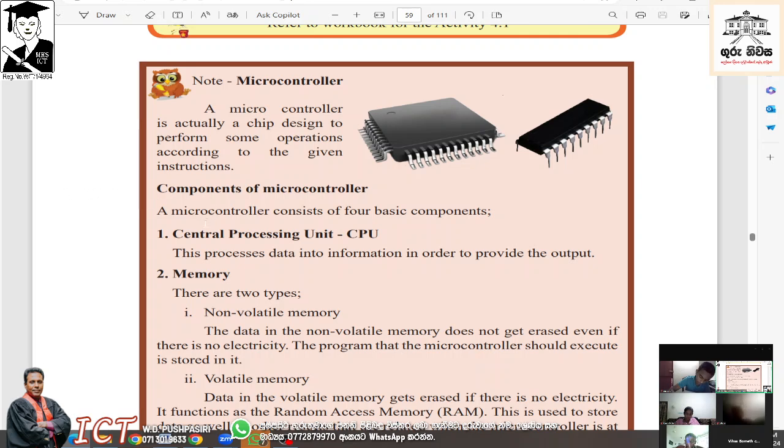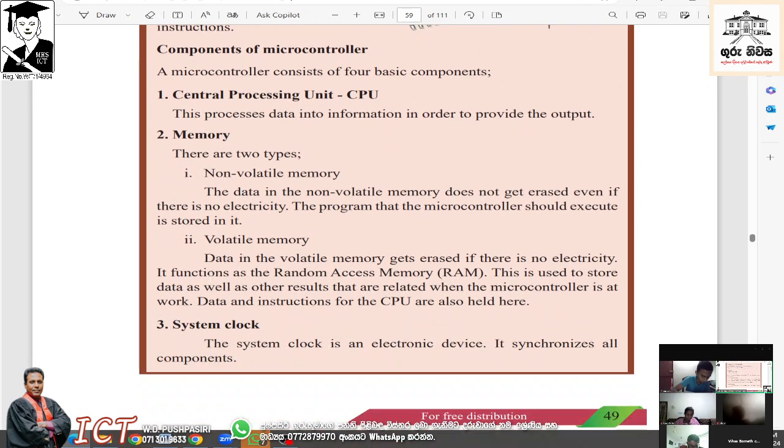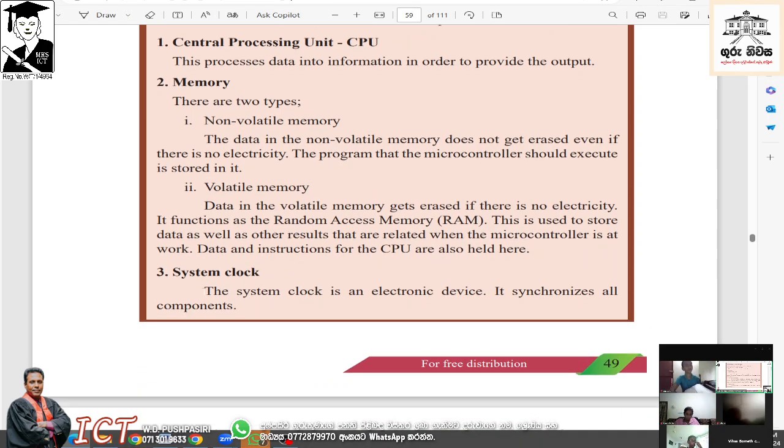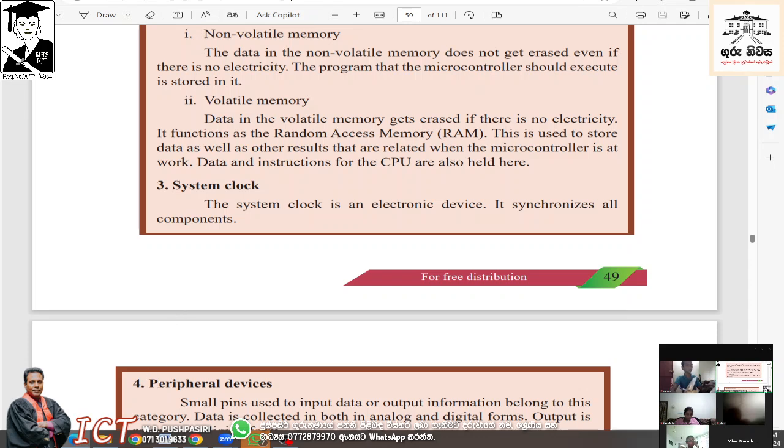First one is CPU. Second one is memory. Third one is system clock. Fourth one is peripheral devices.